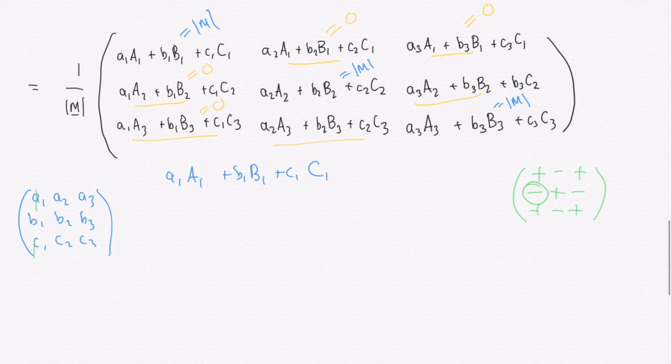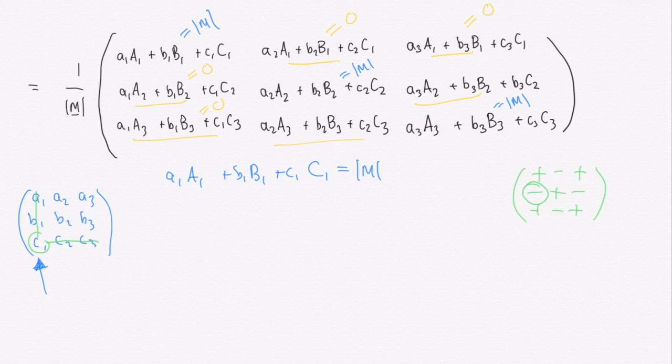And then finally we have c1 multiplied by the determinant of those remaining elements with a positive sign. So all this is calculating the determinant of m by expanding by the first column. And as you know already, you can find the determinant of a matrix by expanding by any of the rows or any of the columns.